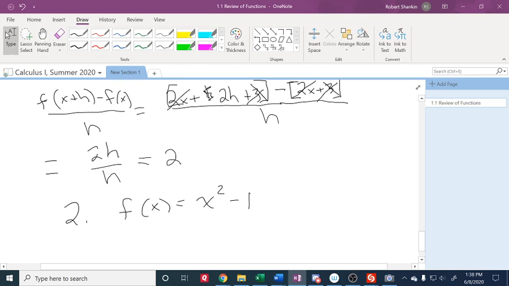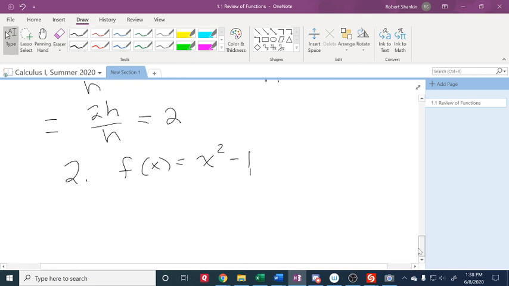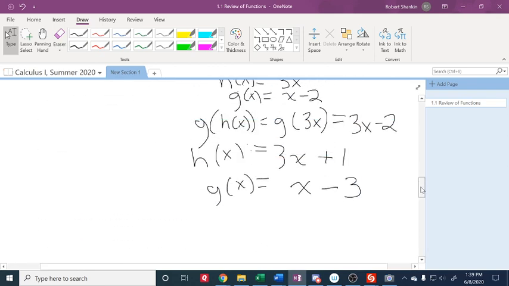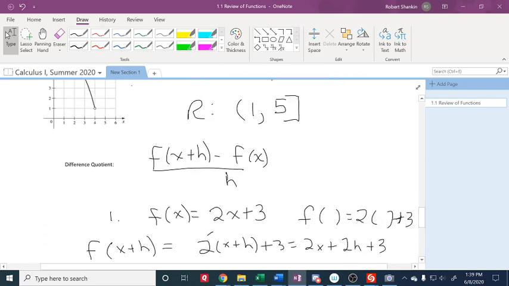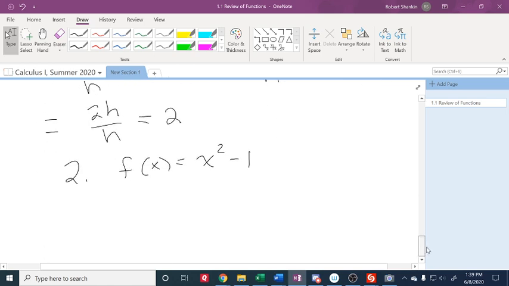Then my difference quotient is going to be, well, remember the different parts of the difference quotient. The difference quotient itself is f of x plus h minus f of x over h. So the f of x plus h, I'm going to write that out here.